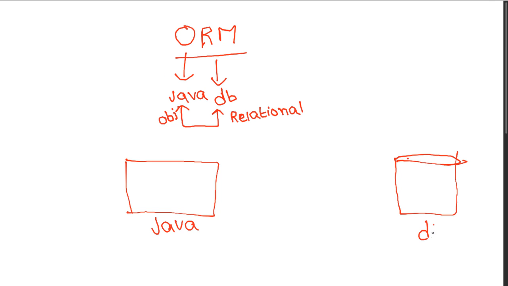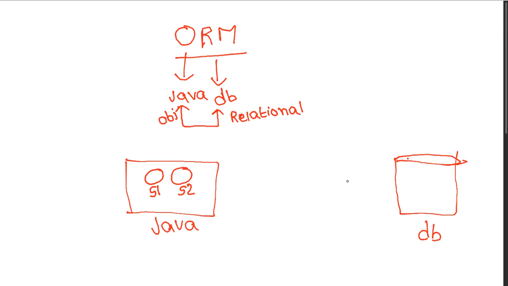If you want to save the Java object into the database, in Java every time the data will be in the form of objects only. If student is there, the student details are available in the student objects S1 and S2. I want to save these two objects into the database, but I can't save directly.